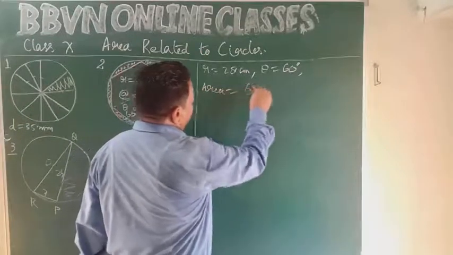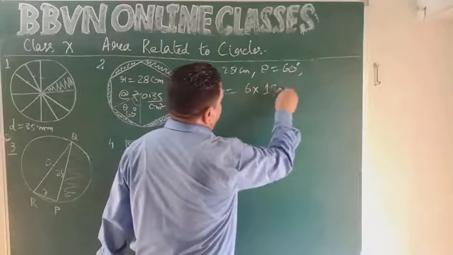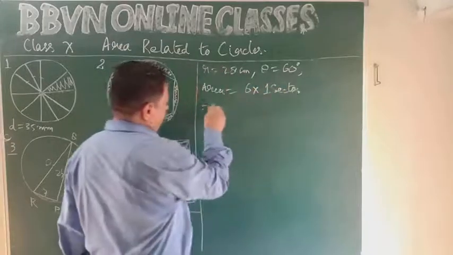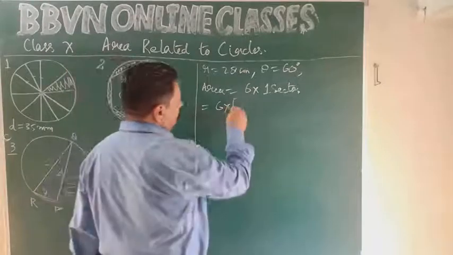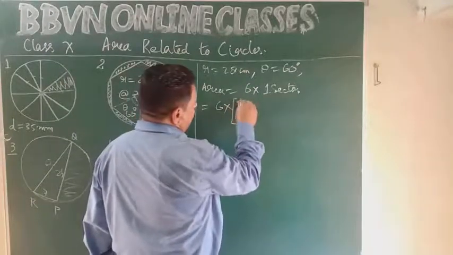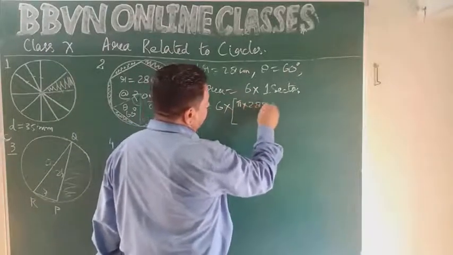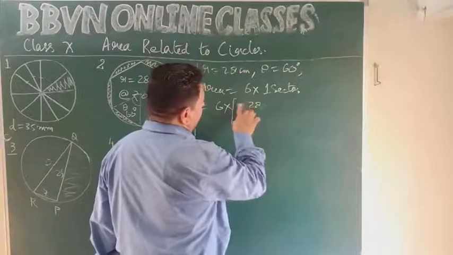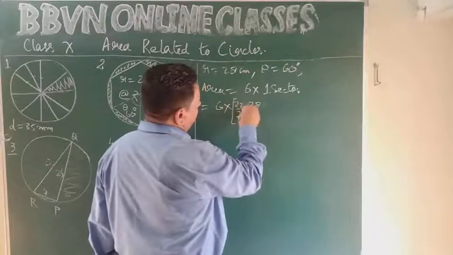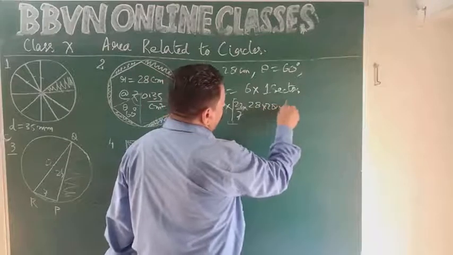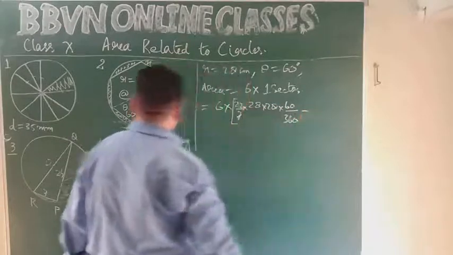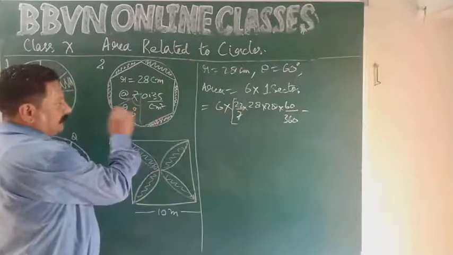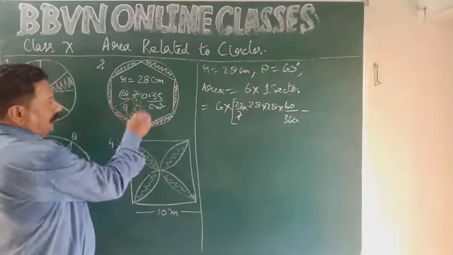Area equal to 6 into area of one sector, pi r square theta upon 360, minus the triangle. See, this angle is 60 degrees. These two are radii, they will be equal.